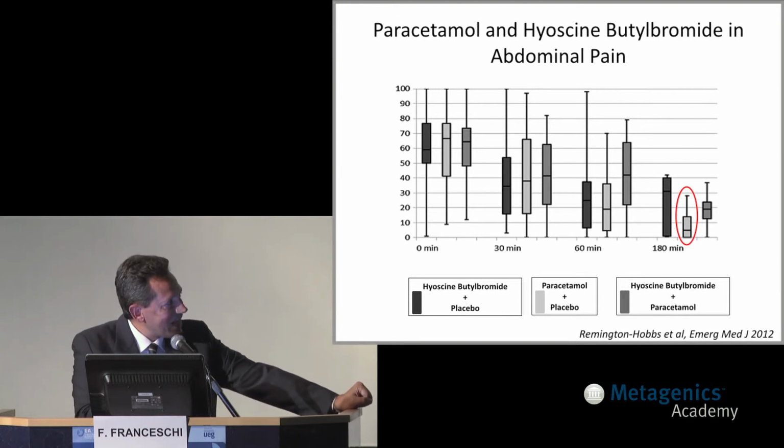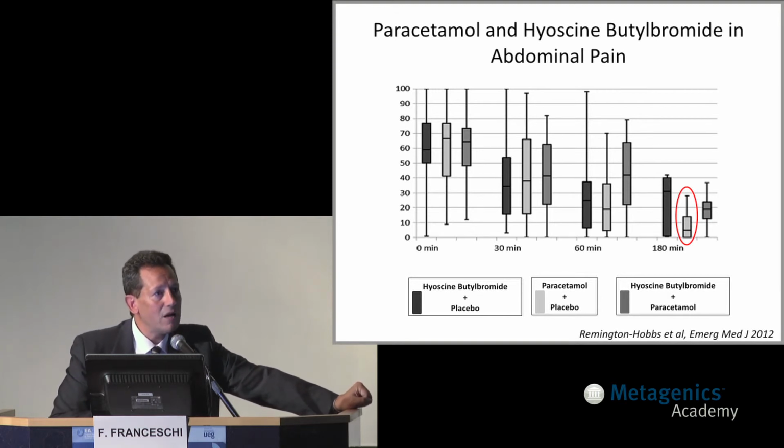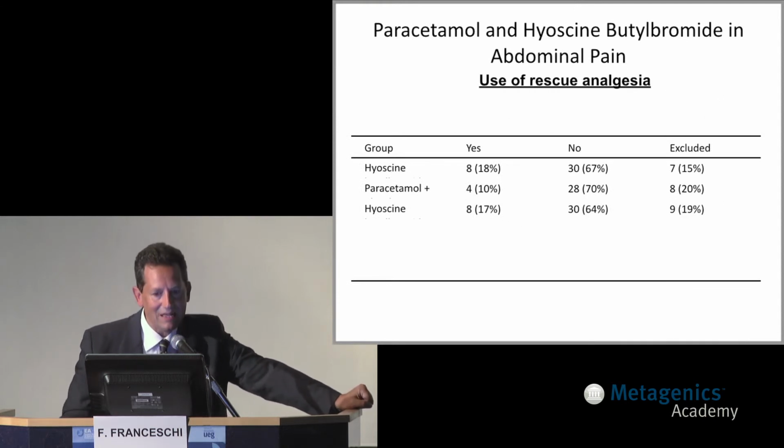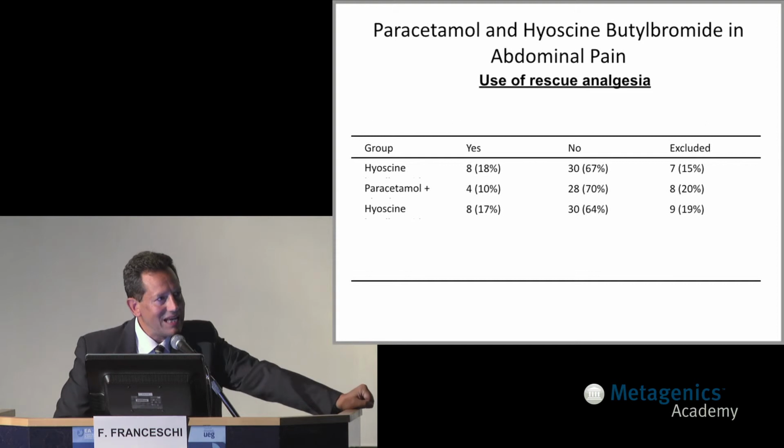The best results on abdominal pain were obtained by using paracetamol alone. And in the same study, the use of rescue analgesia was similar among all groups considered.